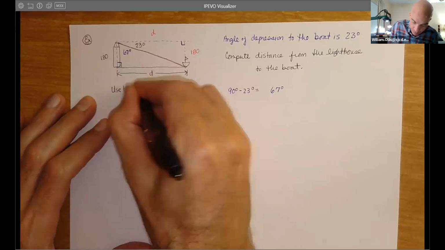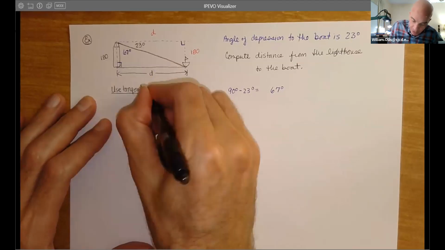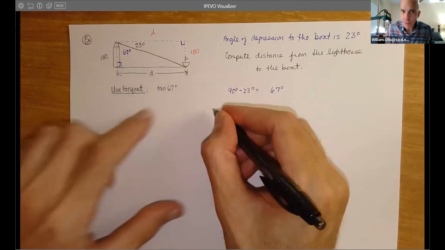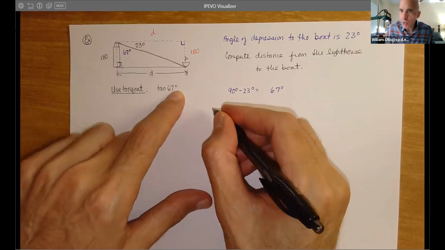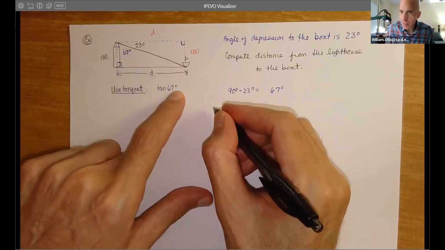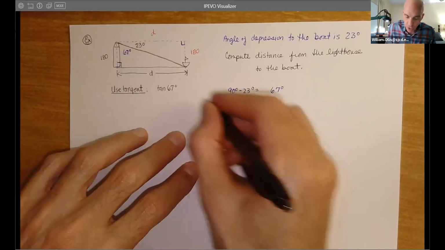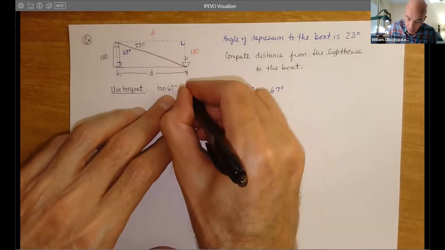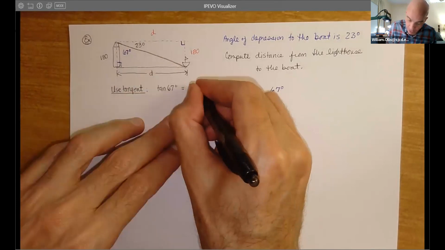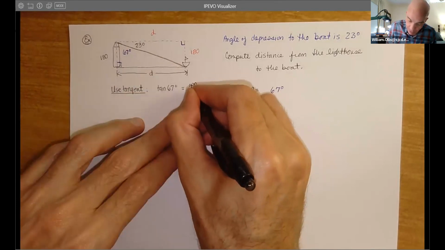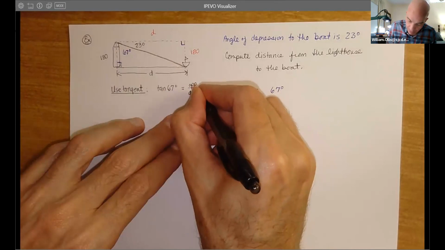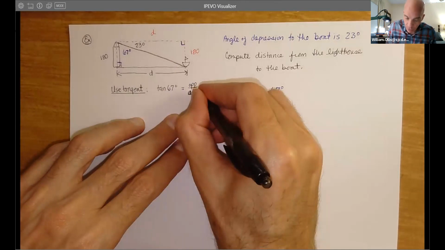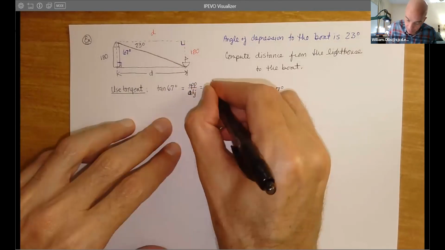The tangent of 67 degrees, and of course this is a pure number, but we put the little degree symbol there so you know it's in degrees, not radians, will be the opposite over the adjacent. And that will give us D over 180.